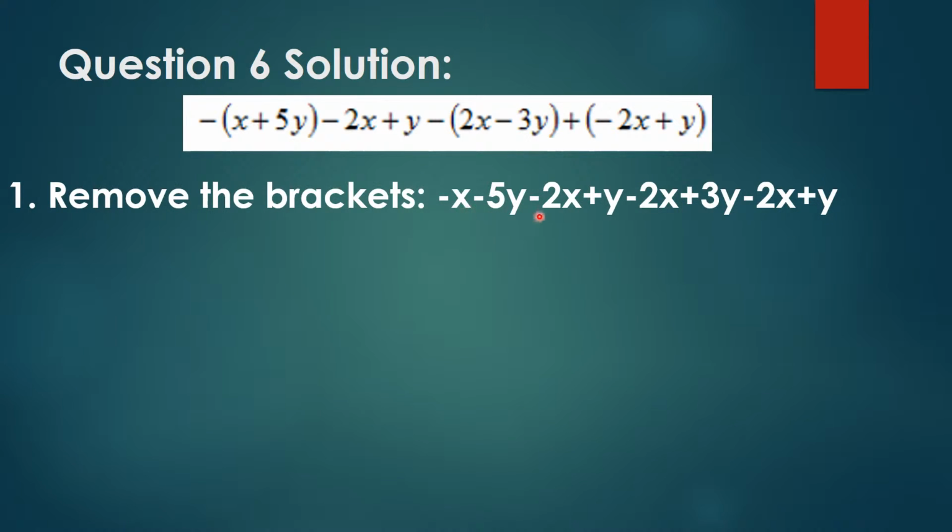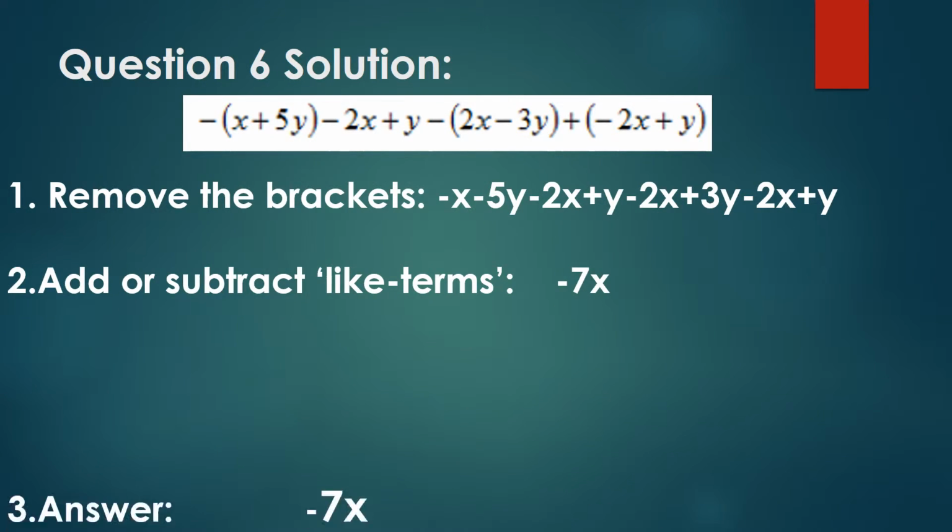You get negative x minus 2x is negative 3x, minus 2 is negative 5x, minus 2 more is negative 7x, and the y terms, negative 5y plus y is negative 4y, plus 3y is negative 1y, plus y is 0. So your final answer is going to be negative 7x.